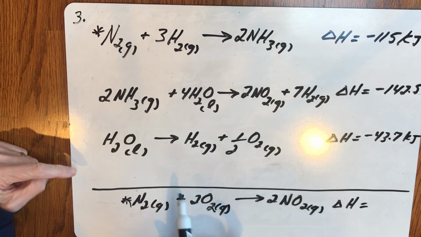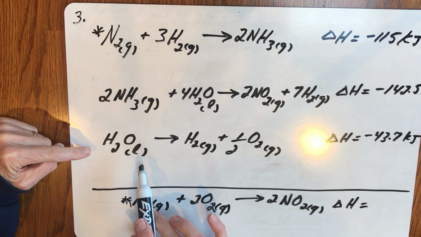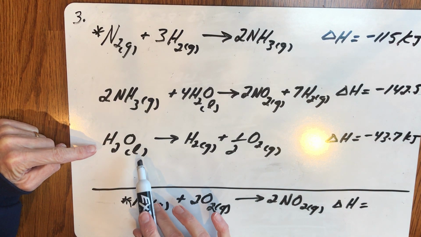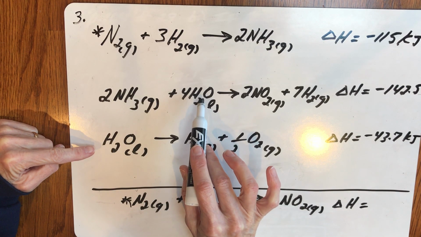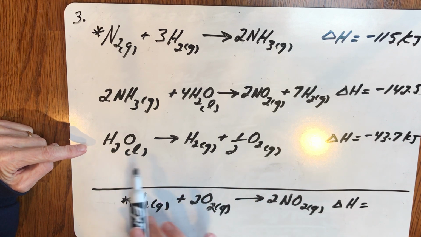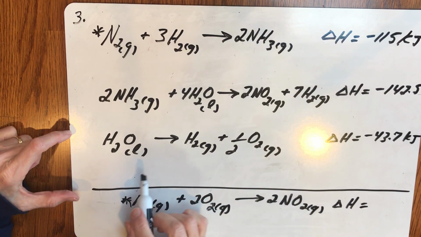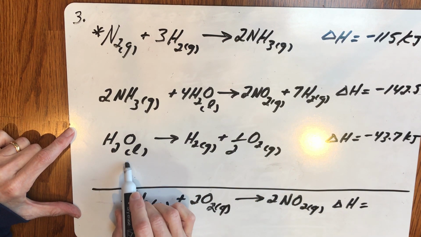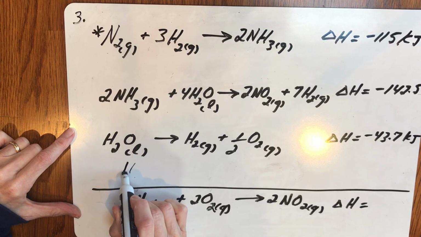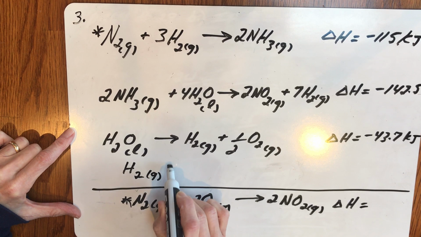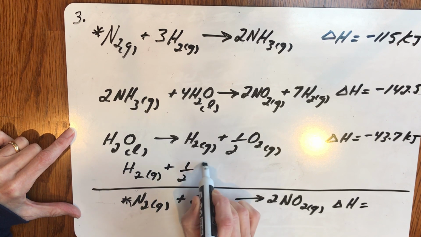But then I go down here, and I see that I have H2O liquid on this side, and I have it on the reactant side in this equation. So I probably have to get rid of it. I do have to get rid of it because it doesn't occur in my final equation. So the first thing I'm going to have to do is flip this equation around. And so it's going to become H2 gas plus 1/2 O2 gas.